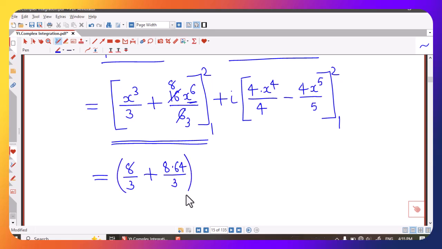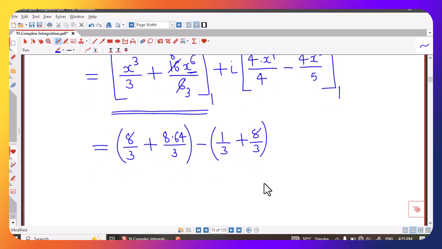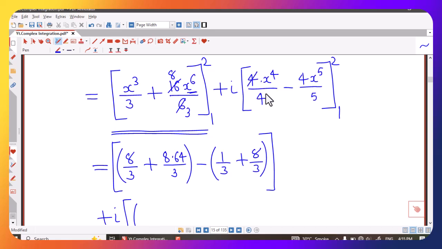This is for x equal to 2, minus for x equal to 1 we have 1 by 3 plus 8 by 3. This is for the first part, and plus i times, here we write for the second part, this will get cancelled.